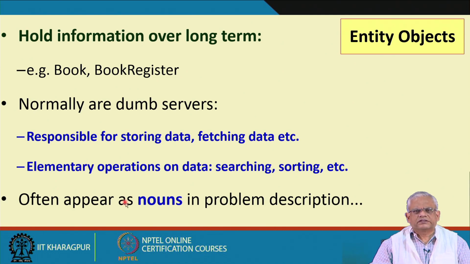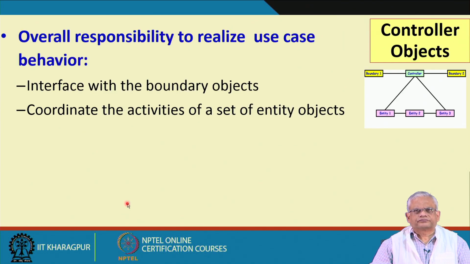We will look at the problem description, identify the nouns, eliminate some of these, and we will have the entity objects remaining. We will illustrate that with an example. But after we solve a couple of problems, we do not have to do a formal noun analysis. By reading the problem description, it should become clear to us which are the entity objects.